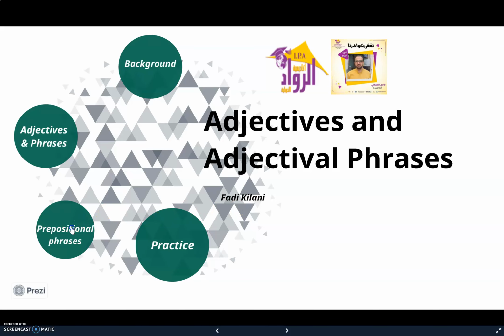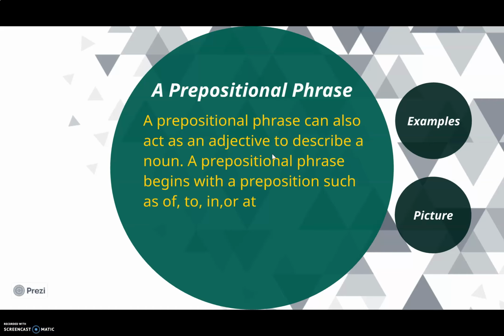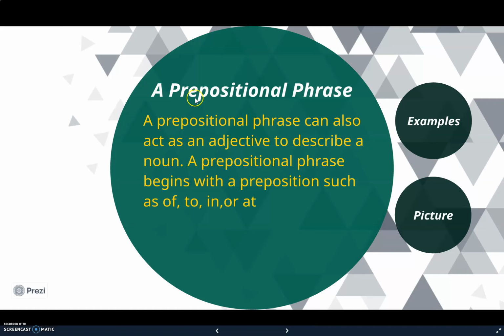Next one, students, prepositional phrase. A prepositional phrase can also act as an adjective. Like an adjective, it describes a noun. But a prepositional phrase begins or starts with a preposition such as of, to, or.